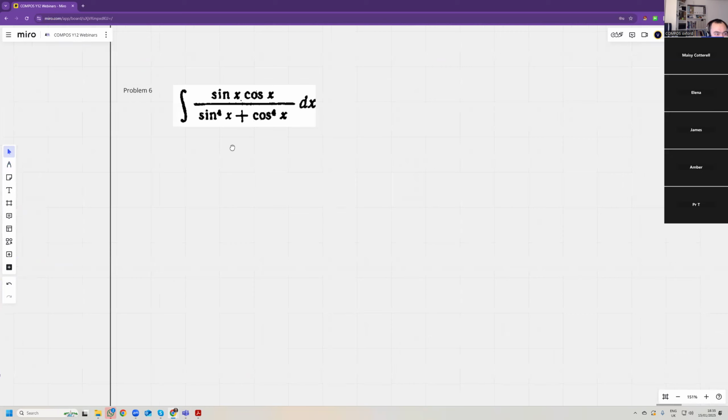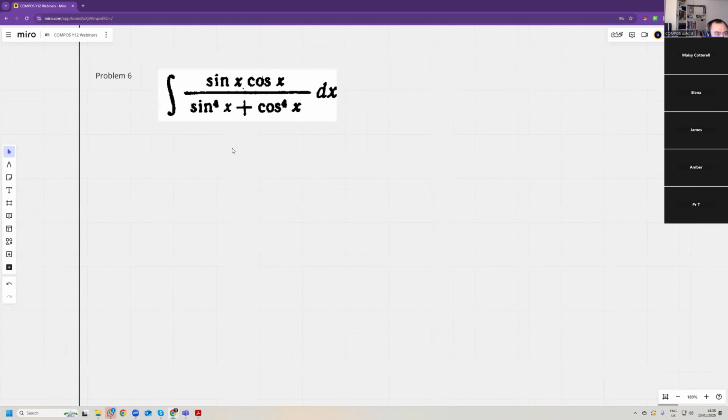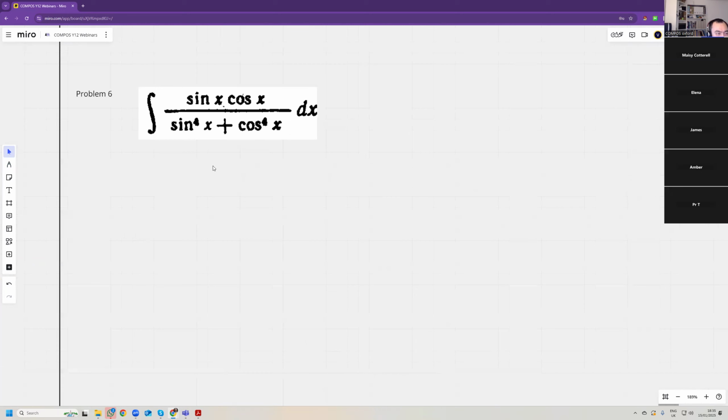Okay. So I'm going to do a substitution here. Oh, no, actually, I'm going to simplify it first. Before I do any substitution, I'm going to simplify. I'm going to say sine squared x plus cos squared x, that's equal to 1, right?